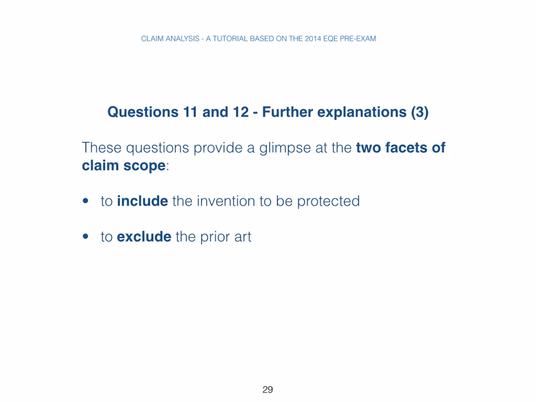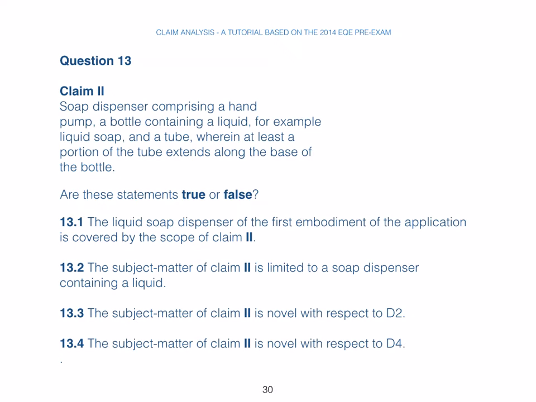Let's turn now to question 13. Question 13 introduces a new claim, which is claim 2, and we'll read together claim 2. Soap dispenser comprising a hand pump, a bottle containing a liquid, for example liquid soap, and a tube, wherein at least a portion of the tube extends along the base of the bottle.